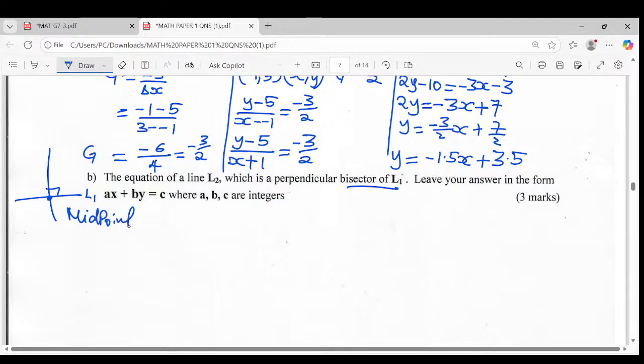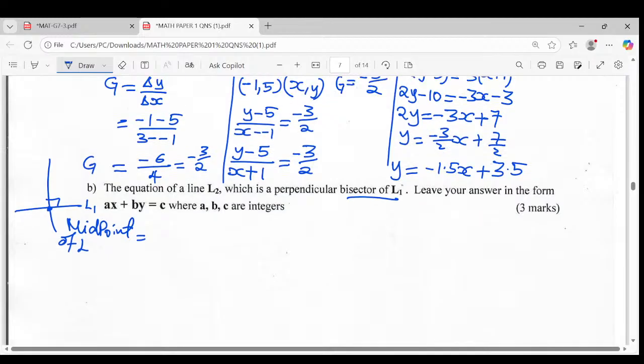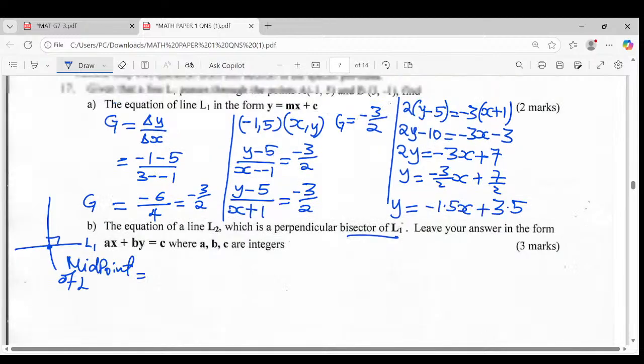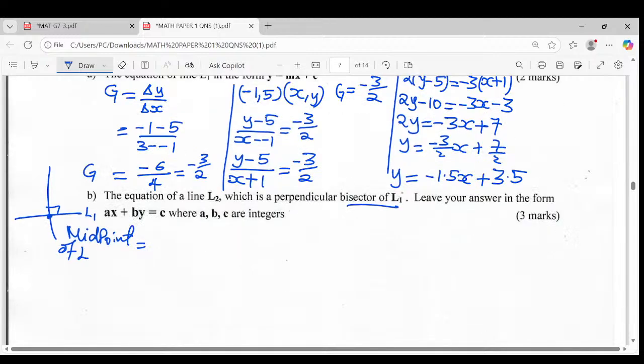The midpoint of L1. Remember, how do you get the midpoint? Hope you remember. Our midpoint is given by (x1 plus x2) divided by 2, comma, (y1 plus y2) divided by 2.